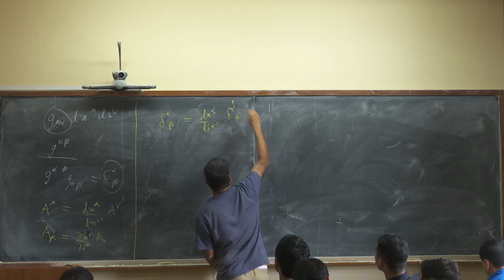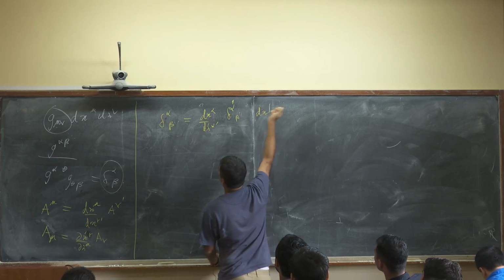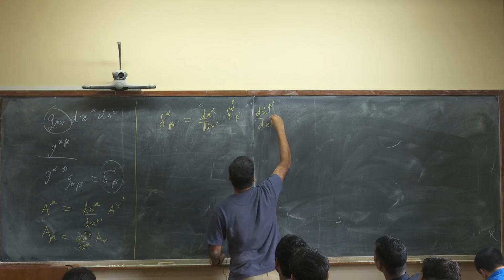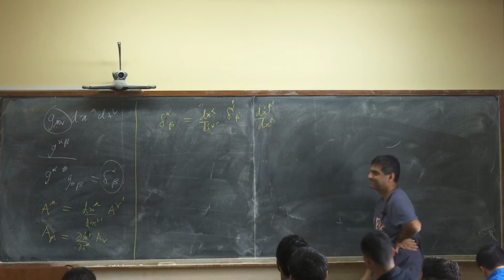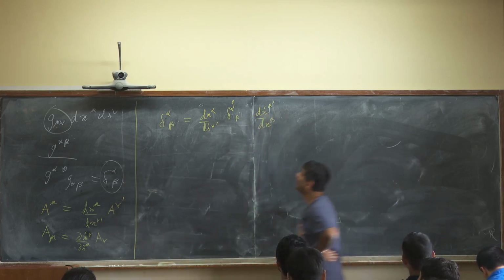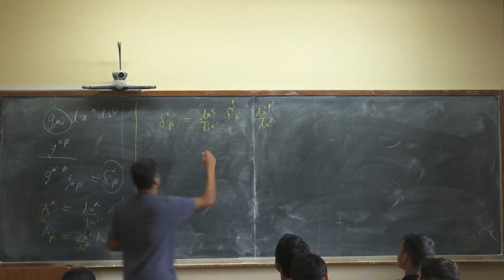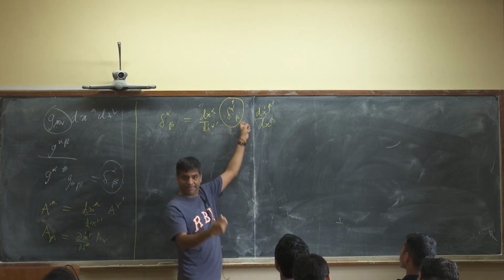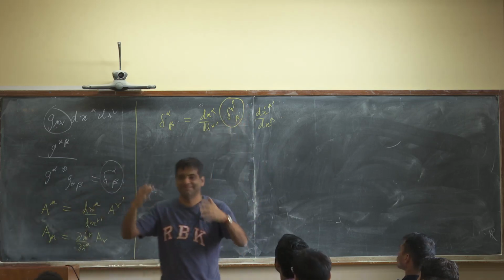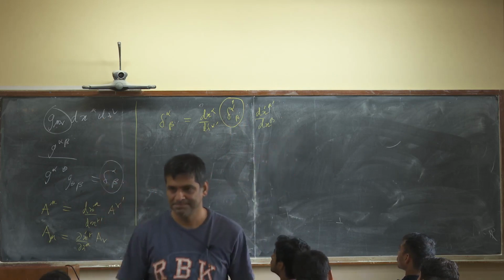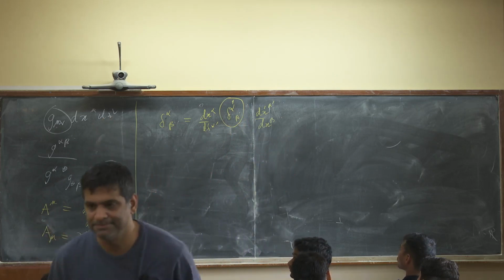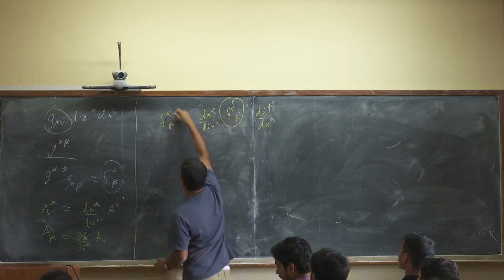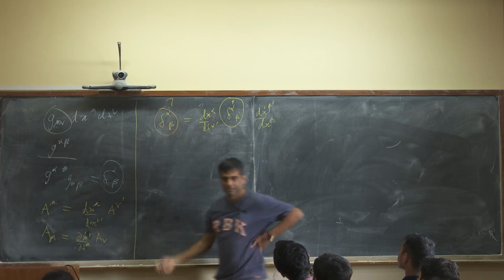So we'll put a beta prime here, and we'll get a dx prime beta prime by dx beta. Now, suppose in the primed frame, this tensor was delta. I want to know what it becomes in the unprimed frame. I know what this is. The question is to calculate this. So this is at the moment just a definition. We want to know what it is.